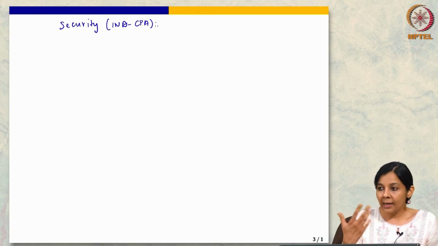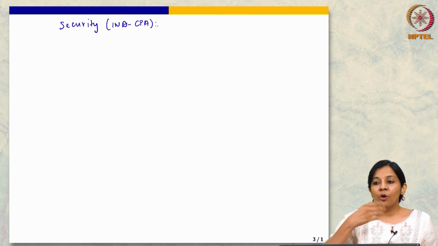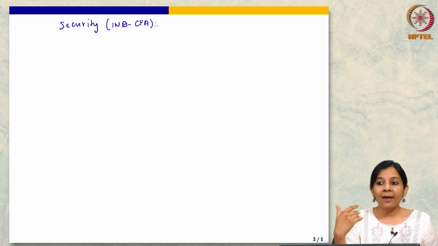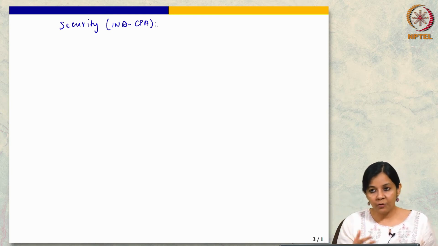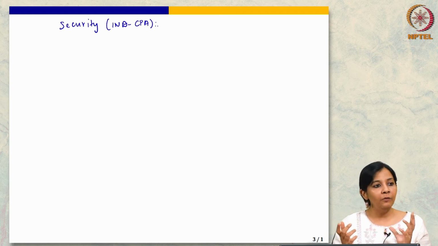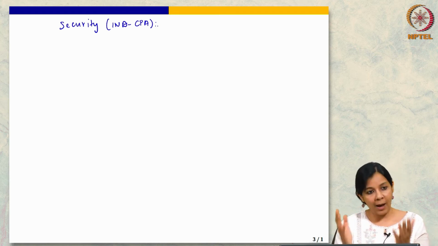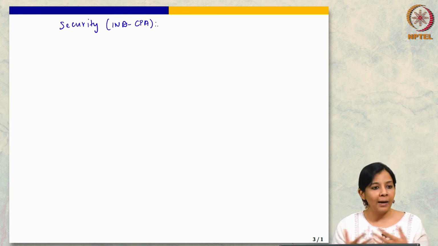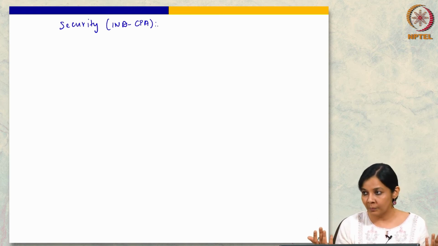In the secret key encryption setting, you can also allow the attacker to get ciphertext for messages of its choice. Basically the intuitive way of thinking about this is that you have an attacker on the scheme, right. You would like to give this attacker as much information as possible, right.